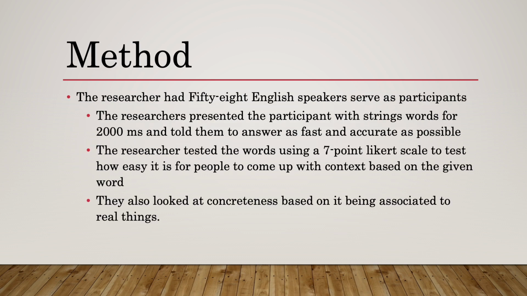Method. The researchers had 58 English speakers serve as participants. The researchers presented participants with a string of words for 2000 milliseconds and told them to answer as fast and as accurately as possible. The researchers tested the words using a 7-point Likert scale to test how easy it is for people to come up with context based on the given words, and when looking at concreteness, based on its association to real things.